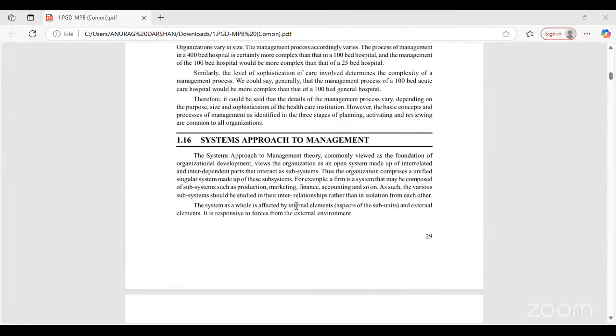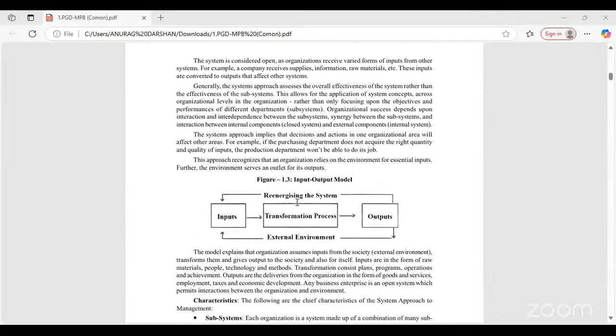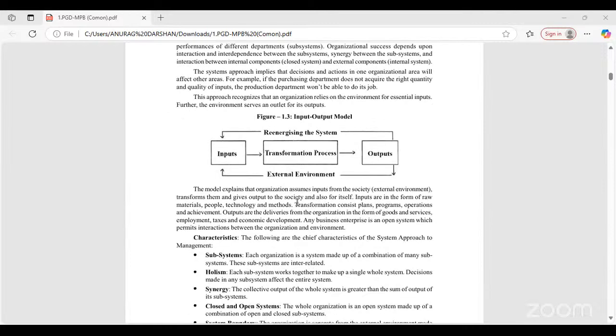Coming to the systems approach to management. In the systems approach, as I said, you have many connected subsystems. In a system, you take inputs from the environment, whatever resources are there, you process them, and the finished or semi-finished output is given back to the environment.